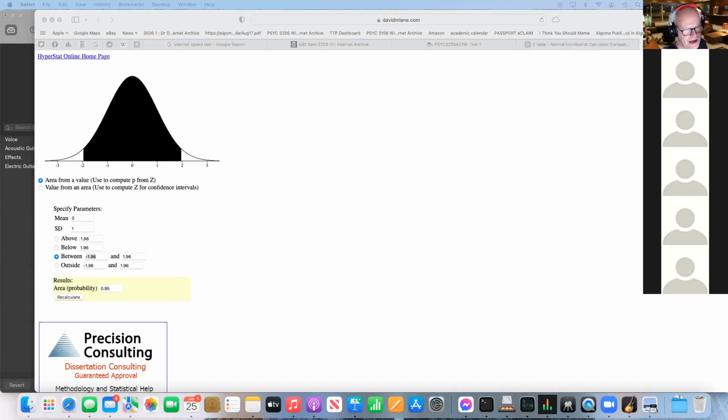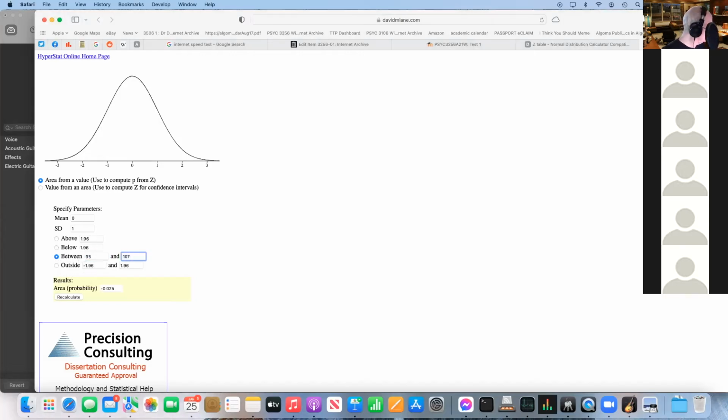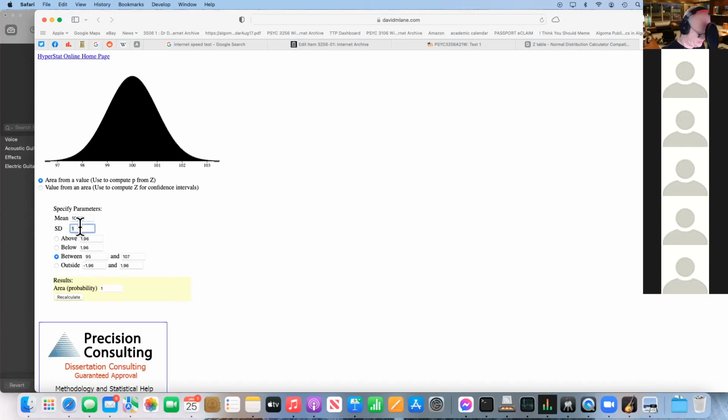Sorry, it was 95 and 107. Okay, so let's change this to 95 and 107. Now this is IQ, so our mean is 100 and our standard deviation is 15.